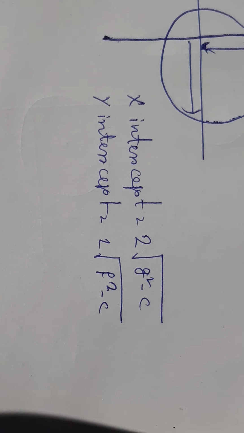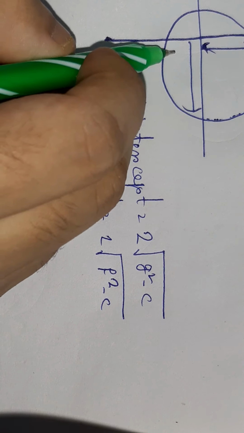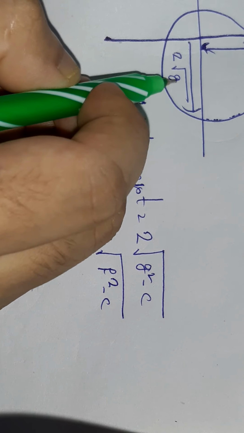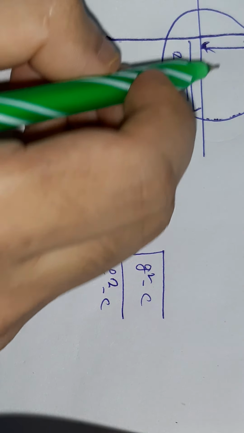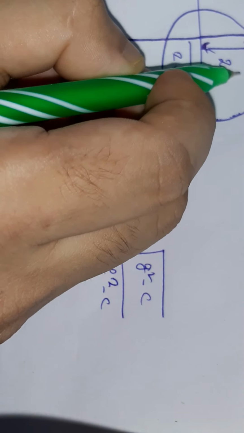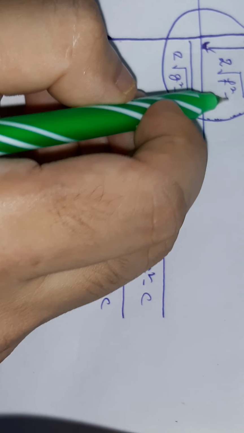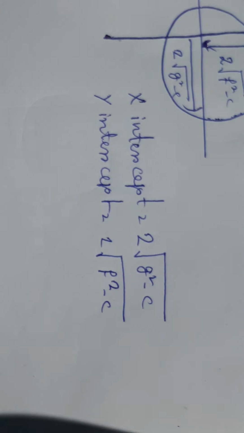So this length is nothing but 2 into root of g square minus c, and this length is nothing but 2 into root of f square minus c.